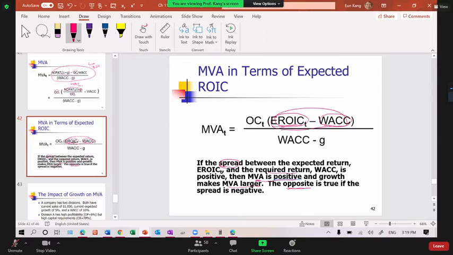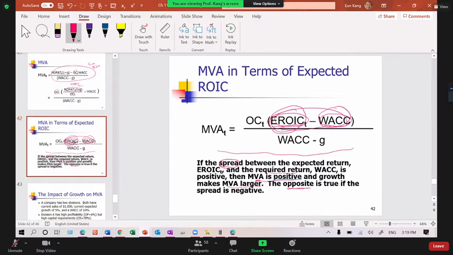Then MVA is negative and growth makes it even more negative, right? So it's worse, it's not good. So either the original formula or this new formula makes sense. Return has to be higher than cost.